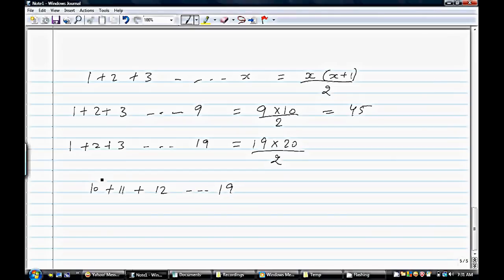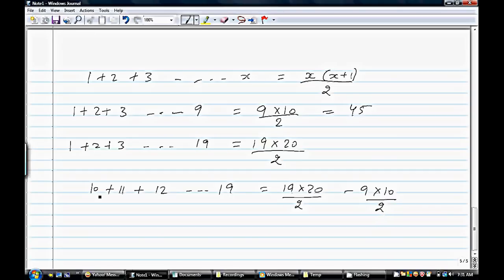So first I have to add numbers from 1 to 19. So that will be 19 into 20 divided by 2, and then I have to subtract numbers from 1 to 9. So that will be 9 into 10 divided by 2.